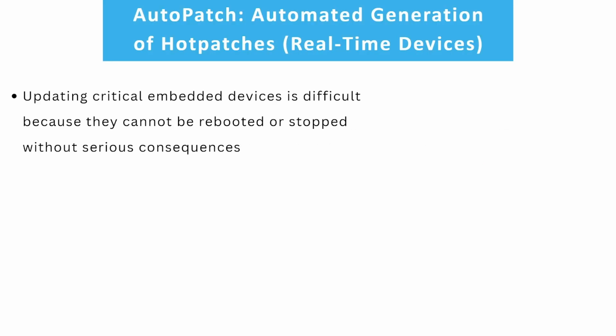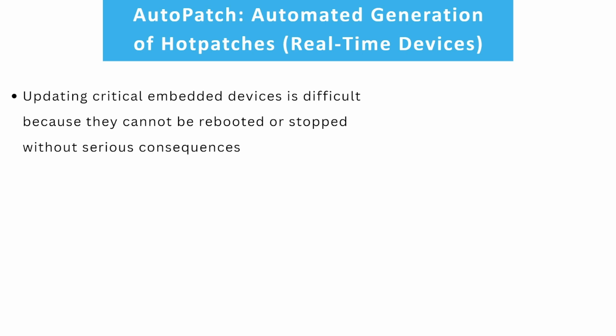Next, we have AutoPatch, automated generation of hot patches. What the authors say here is that updating these mission-critical embedded devices is difficult, right? Because they can't be stopped or rebooted, so they must be updated while they're running. And there is a solution to that right now, called hot patching, which is just patching without rebooting.